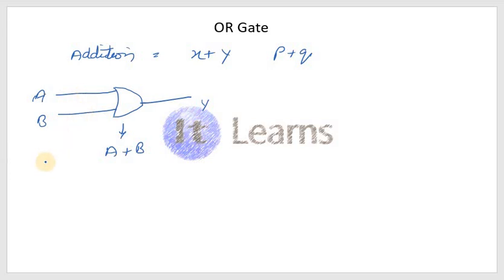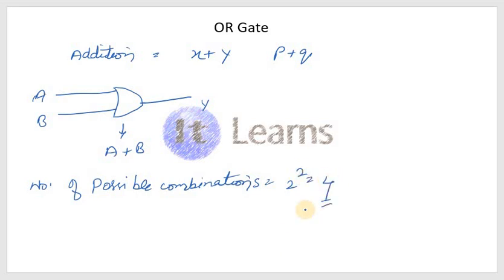We can have 2 or more inputs. Here the number of possible combinations is the same as the AND gate.